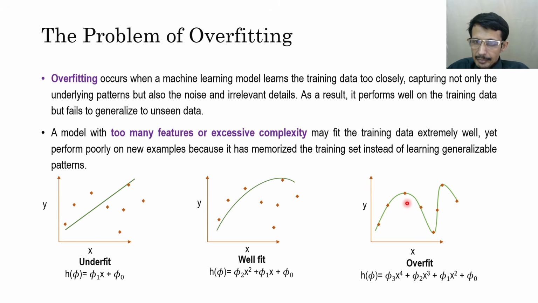And that is the pitfall, the problem of this highly complex model that essentially takes care of all the points, but actually does not generalize to the actual distribution. So a model with too many features or excess complexity may fit the training data extremely well, yet perform poorly on new examples because it has memorized the training set instead of learning generalizable patterns. So that is the major issue, and this is called overfitting.